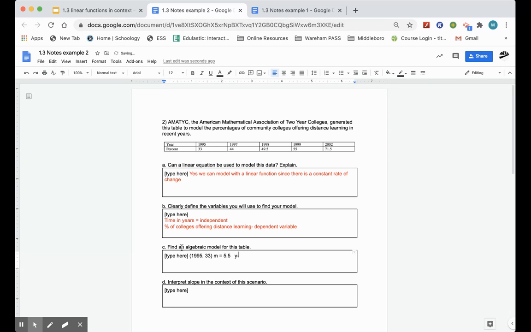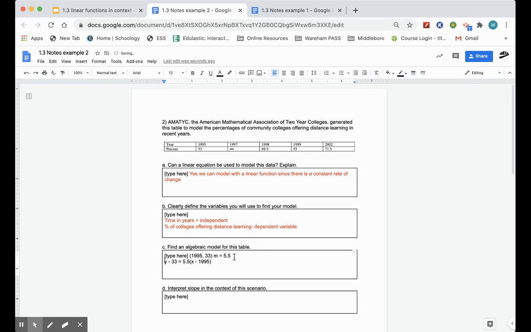So y minus the y I know equals slope, which is 5.5, parentheses x minus the x I know. All right.